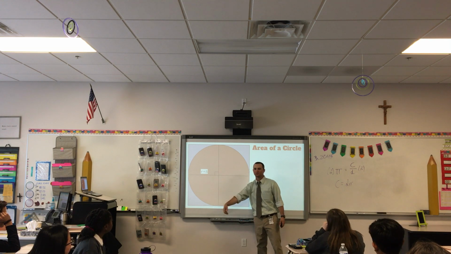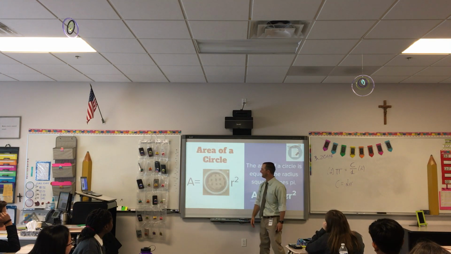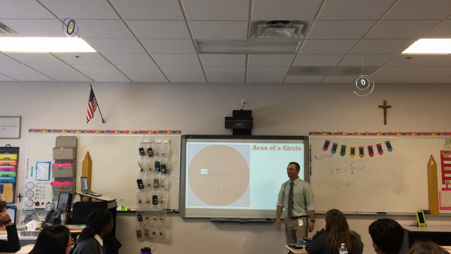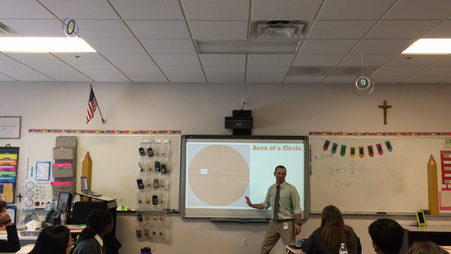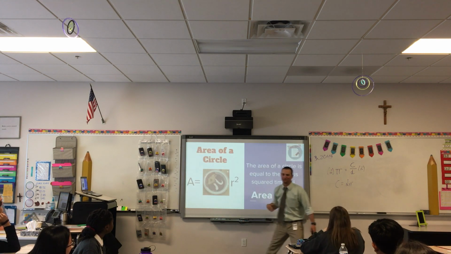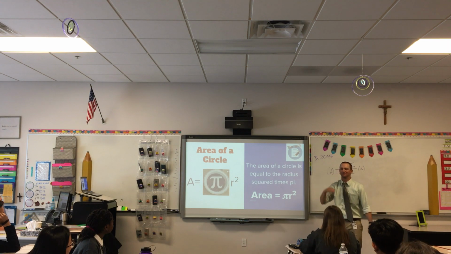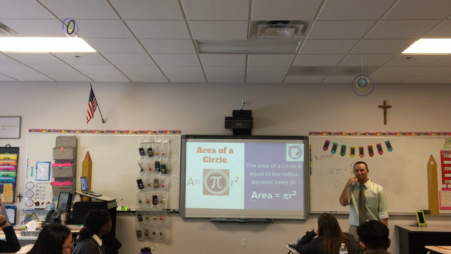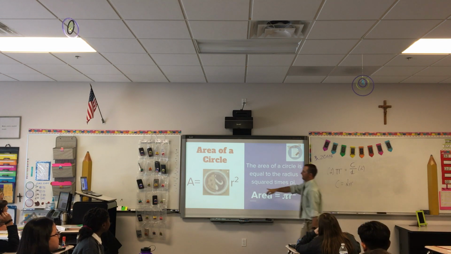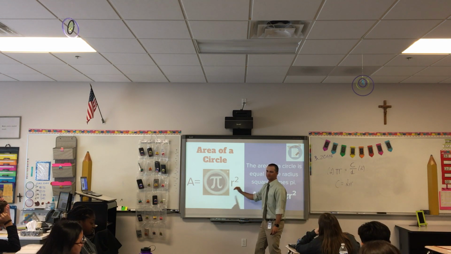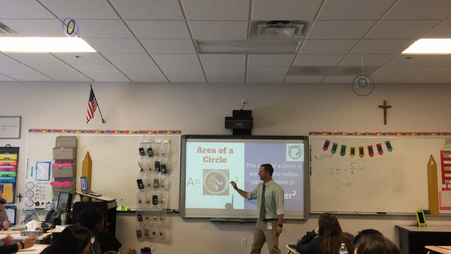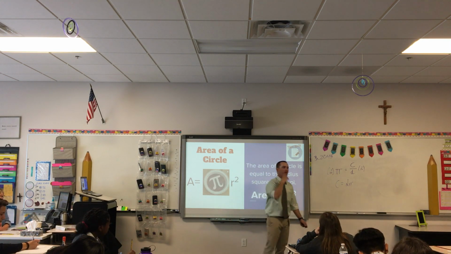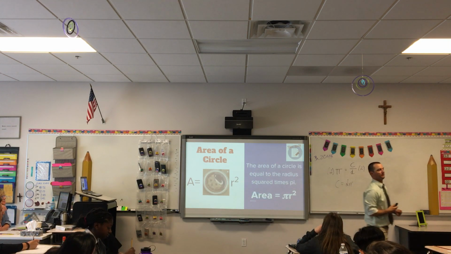Probably pi. So it's a little bit less than 4. It's actually 3.14159, blah, blah, blah, whatever. So it's actually pi of those squares. So we found how many of those squares it is. Find the area of that square, multiply it by how many of those squares we need, and that's how we find the area.